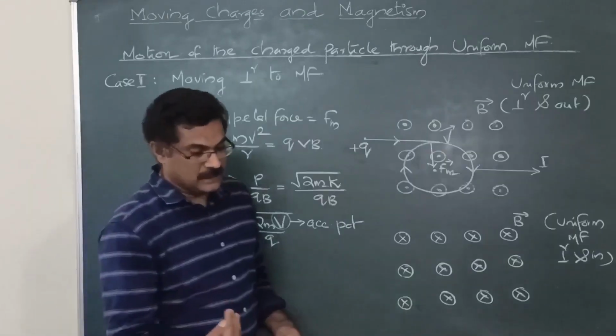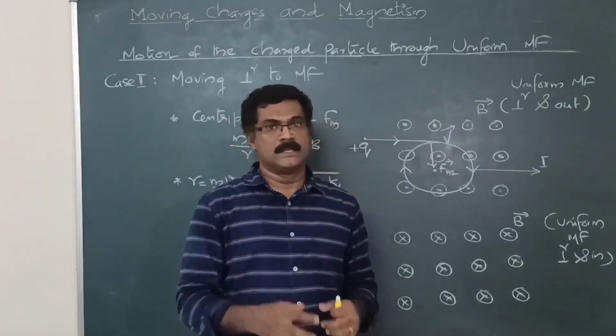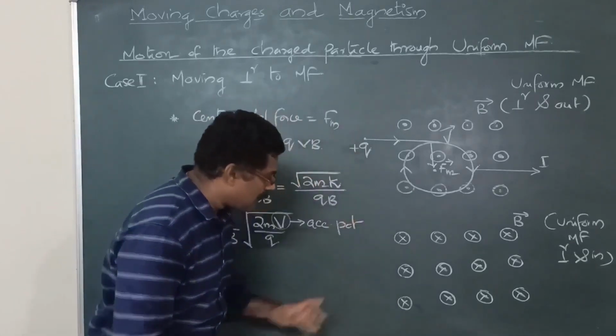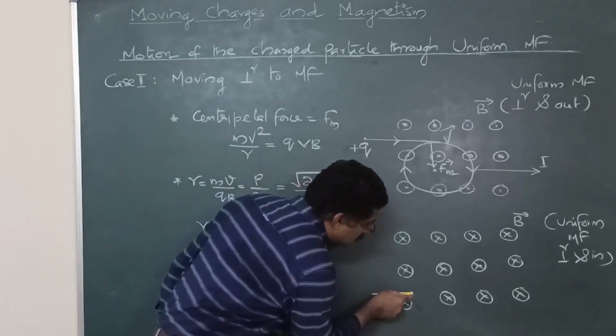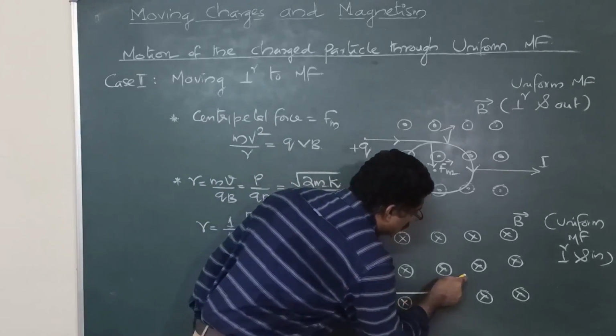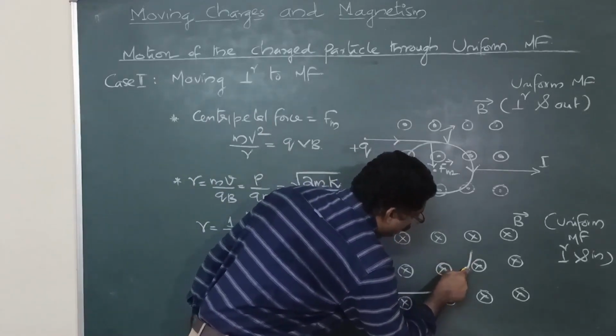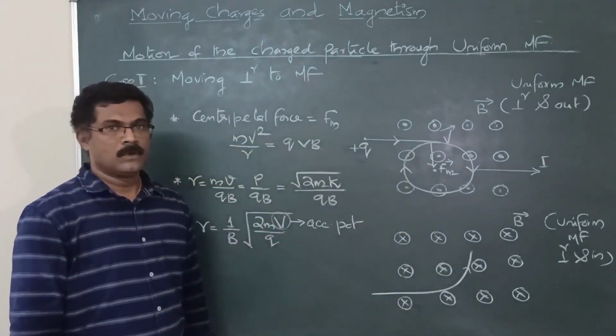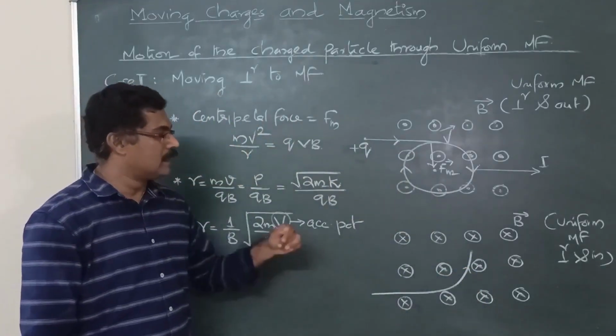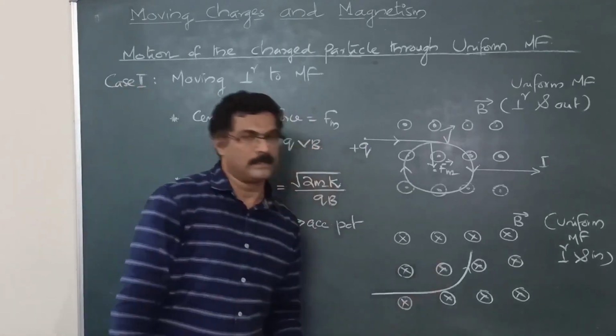Okay, next question is, if you are given that a charge is entering the magnetic field and moving like this, what is the charge of the particle?